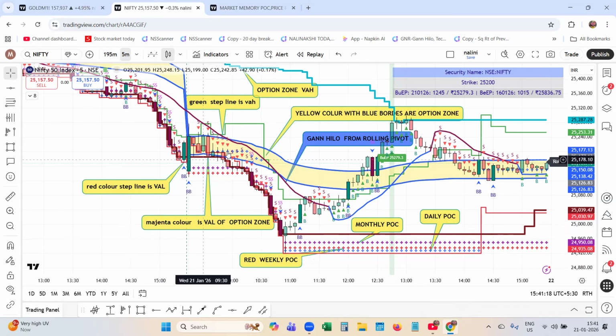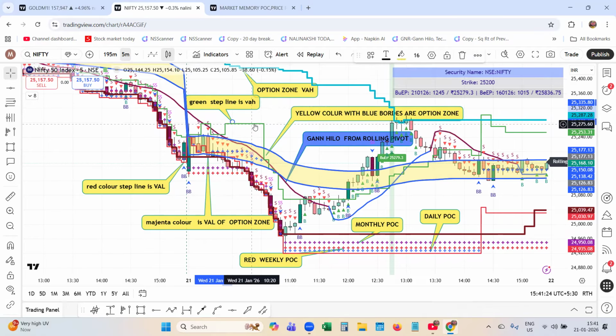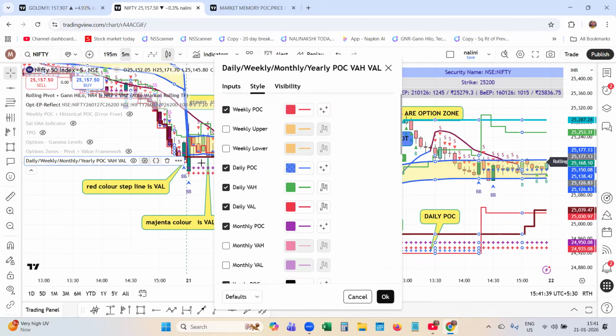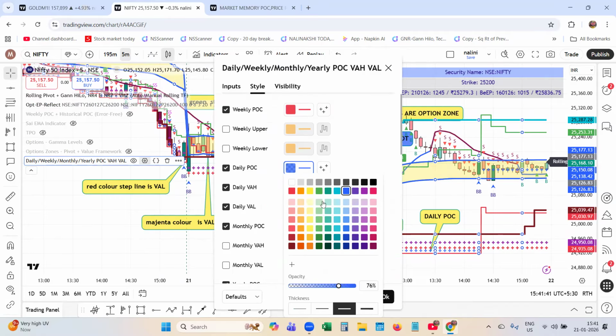So the green color step line here is the value area high of the daily POC, and you can see crosses over here. Let me make it a little bit thicker so that you will see the daily POC.